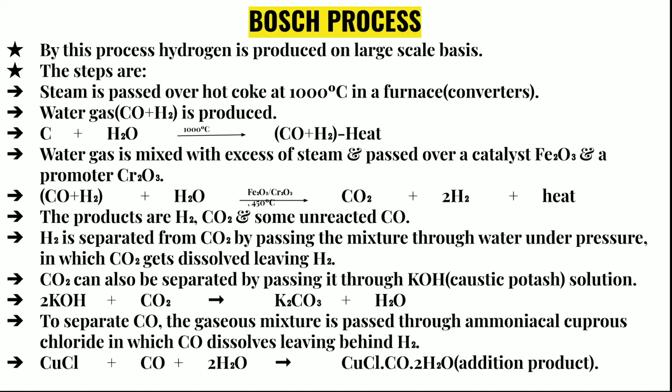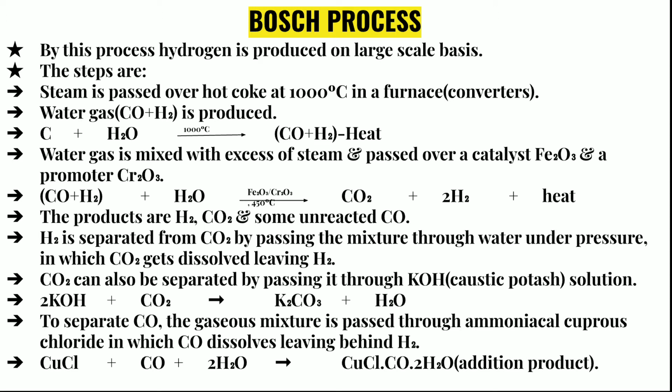Ammoniacal cuprous chloride is CuCl plus CO, that is carbon monoxide, and water, because it's a solution. So it forms an addition product, CuCl.CO.2H2O, and this carbon monoxide gets absorbed in this, and hydrogen is separated.